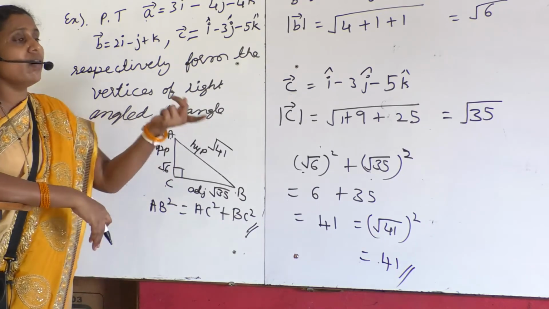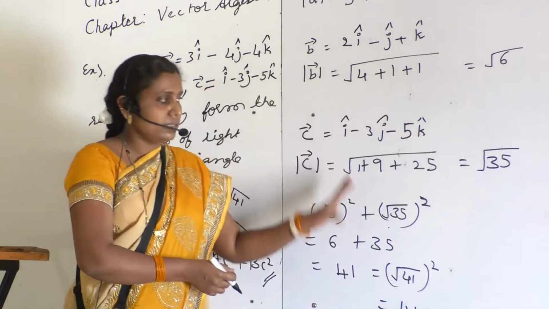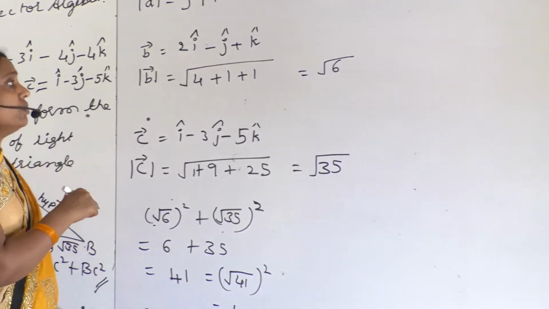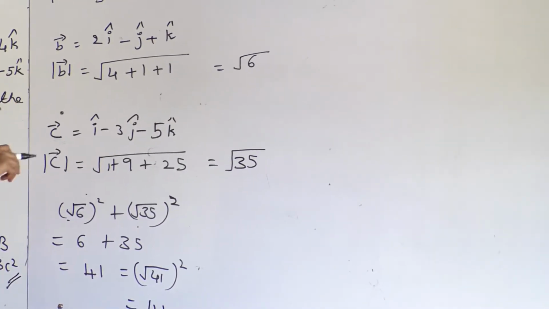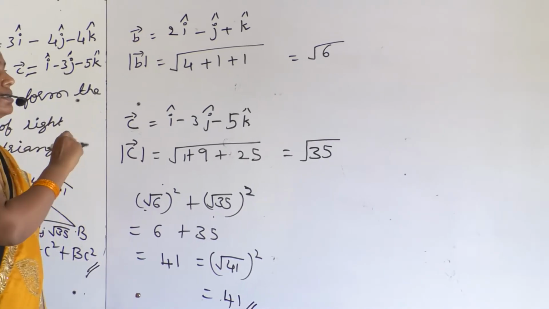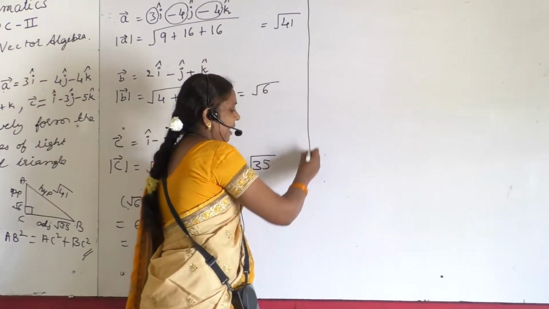This is how you have to perform it if you are asked to prove that the given vectors represent the vertices of a right angled triangle.